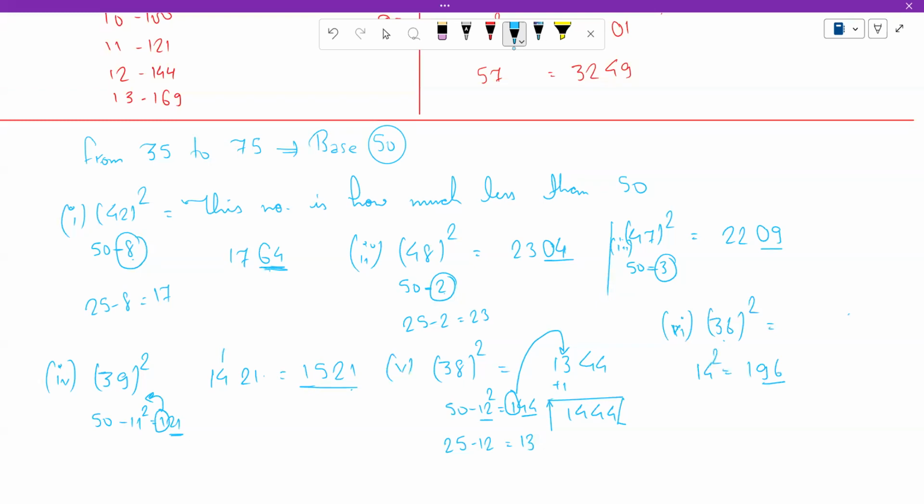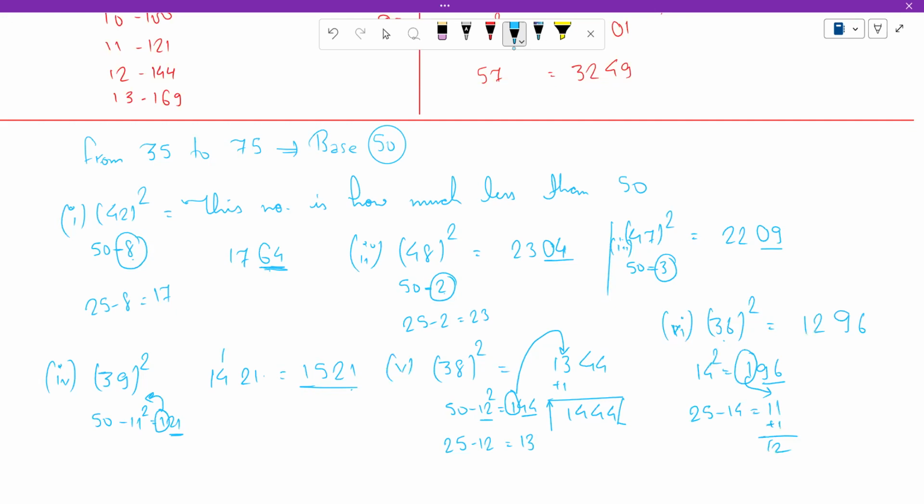So 96 will be my last two digits, and this 1 will be the carry over. Where I will subtract 25 minus 14, that is 11. And this carry will come, so it will be 1296. Okay, now we have done numbers that are less than 50.